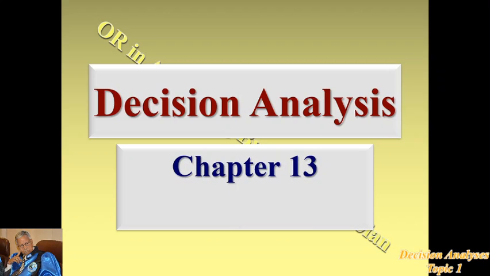Let us start chapter 13, decision analysis. In this chapter, we will consider together how a decision analysis helps decision making to select a certain alternative among a set of alternatives.